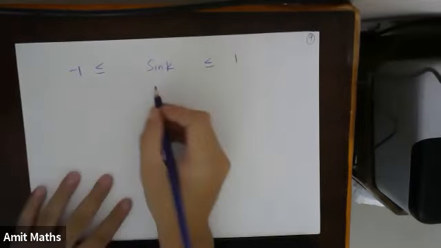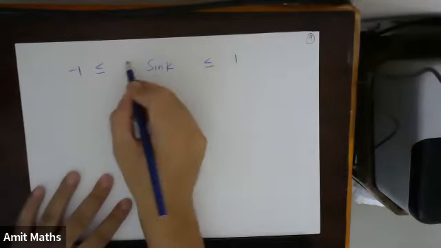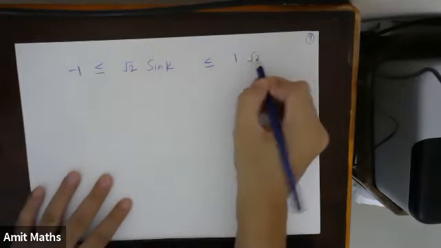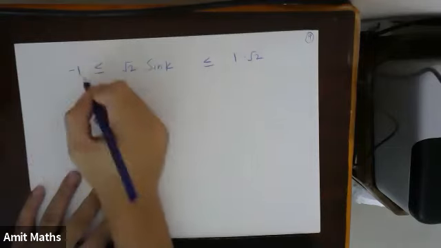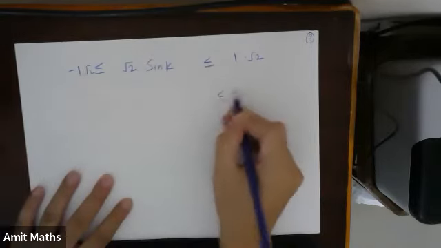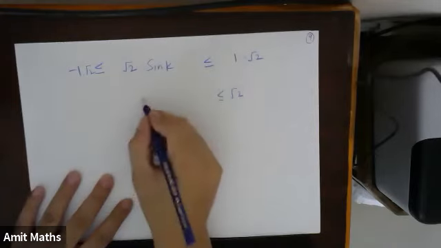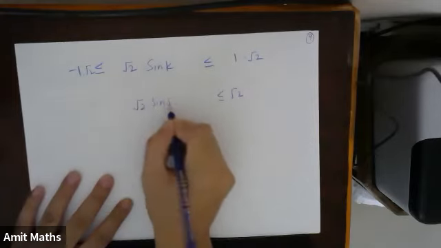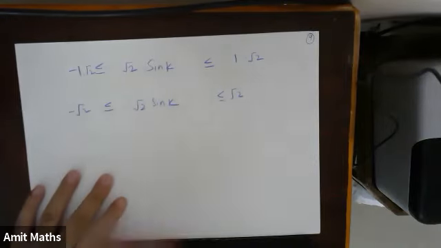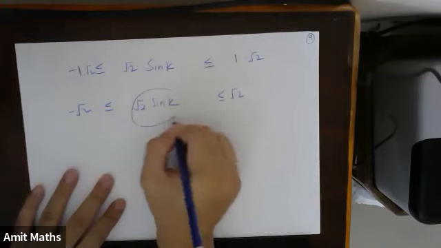Suppose I multiply the sine of k with root 2. That means here also I have to multiply with root 2 and here also I have to multiply with root 2. So on the right side it will become root 2, this will become root 2 sine k, and the left side will become minus root 2. Understood? And what is this root 2 sine k?